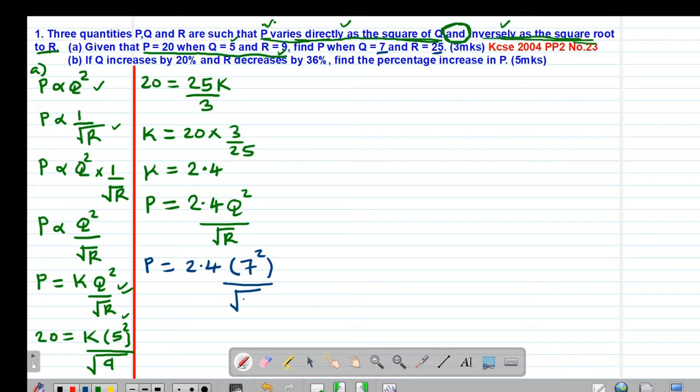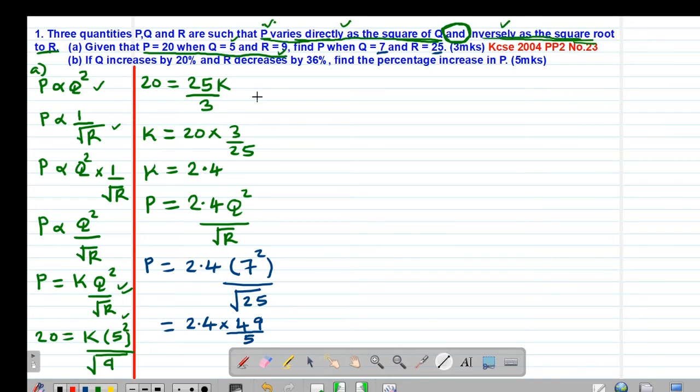So I substitute 25 here. This is going to give me 2.4 multiplied by 7 squared, which is 49, then divided by the square root of 25, which is 5.